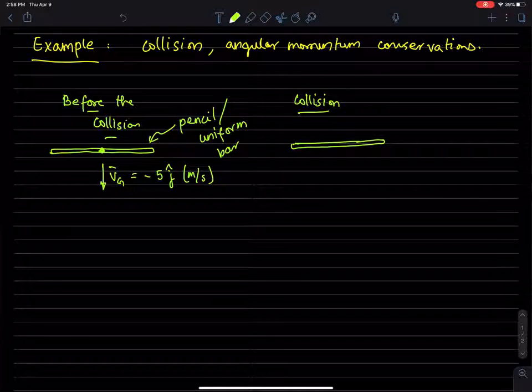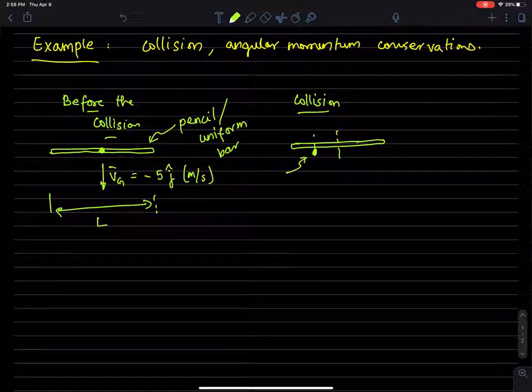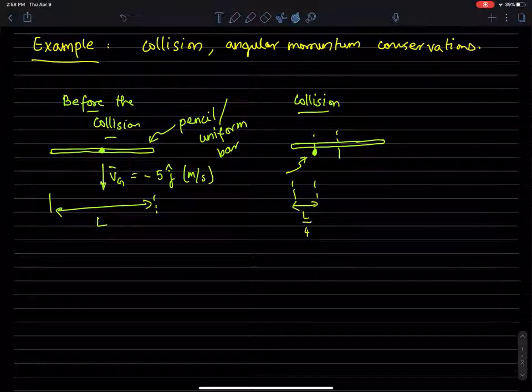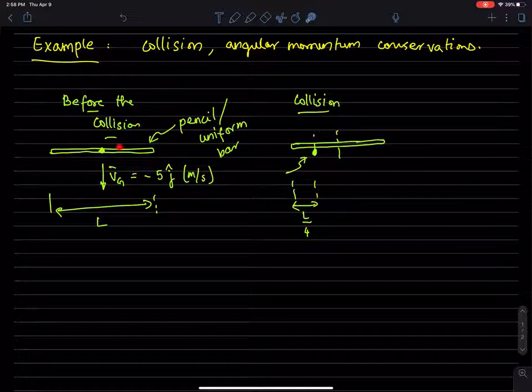So the collision happens, let's say, at some point that is, let's say this length is L. Okay, it happens at this is L over 4. Okay, so imagine someone dropping their pencil from some height, and the pencil is moving downward, and then eventually has a velocity minus 5 meters per second, sort of downward.